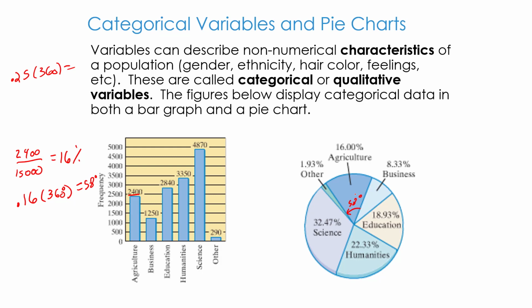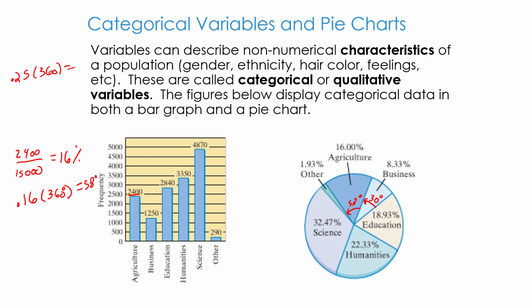For business, it's 1,250 divided by the 15,000. And then you multiply that times the 360, and that gives you a 30-degree angle. So for business, this angle right here needs to be approximately 30 degrees, right?